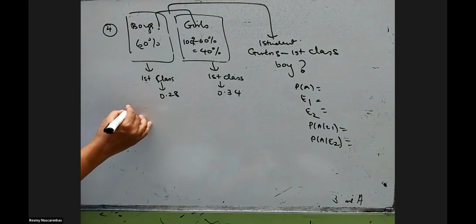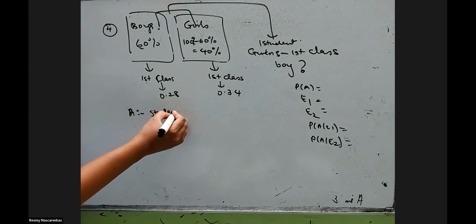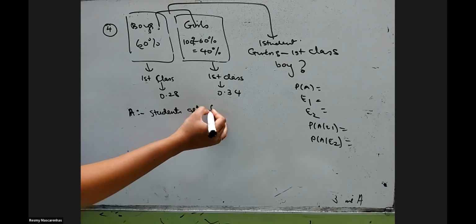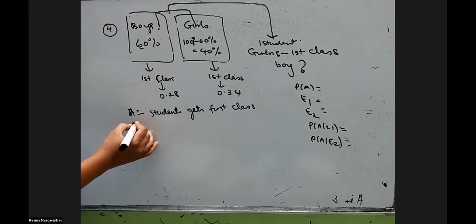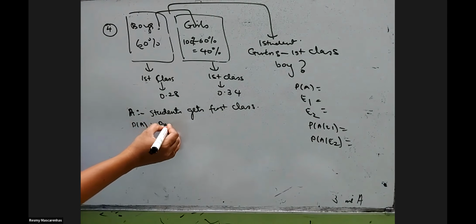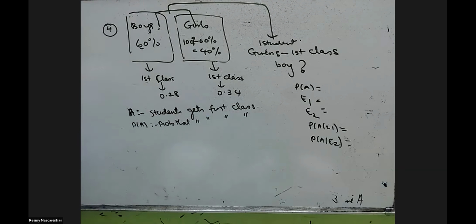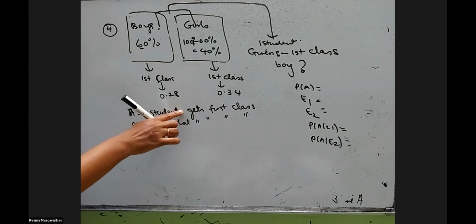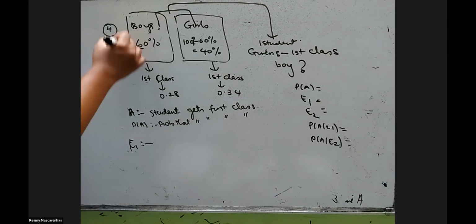So P of A is the main event: the student gets first class. Probability. E1 is the number of boys.